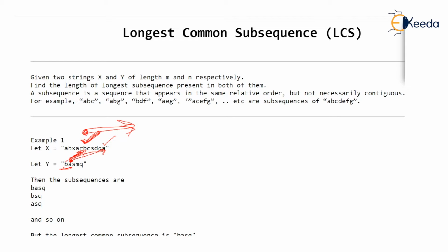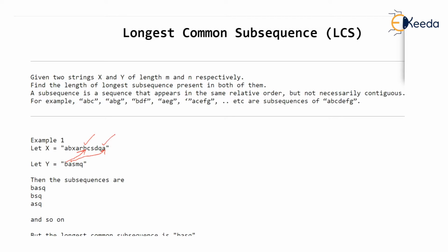Now let's come to S, the third letter of Y. Now you watch what we did. We actually compared this B with this B here, pointing out. Then A was matched with the last A, of course, because we can't go back in the sequence.